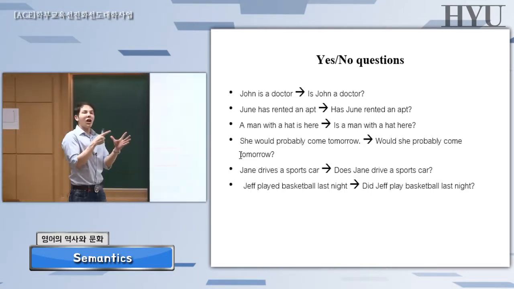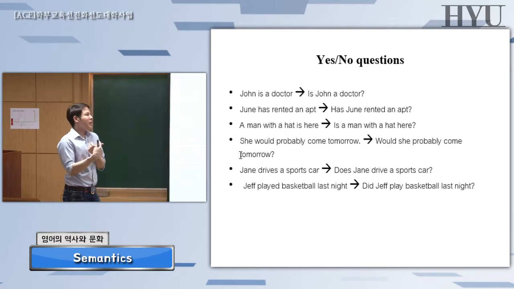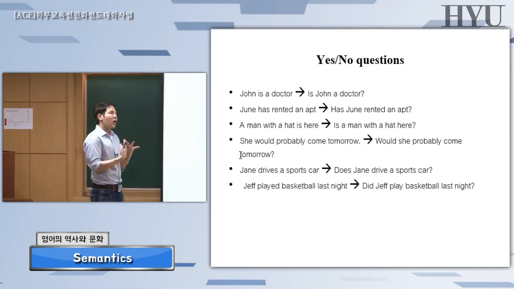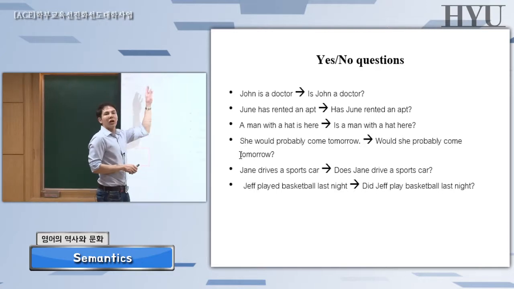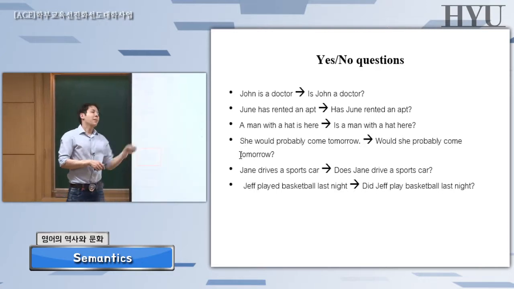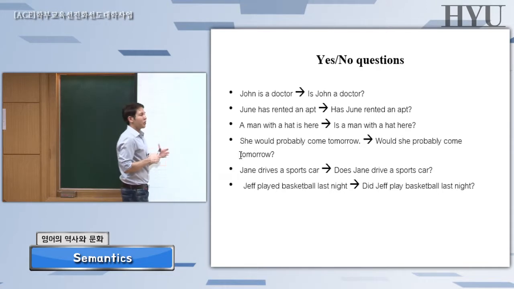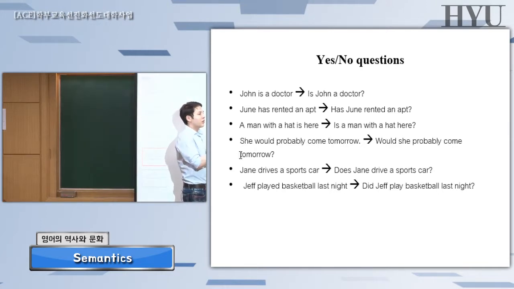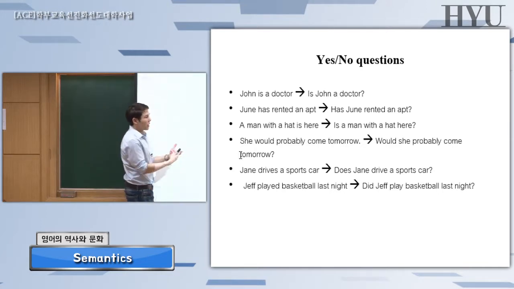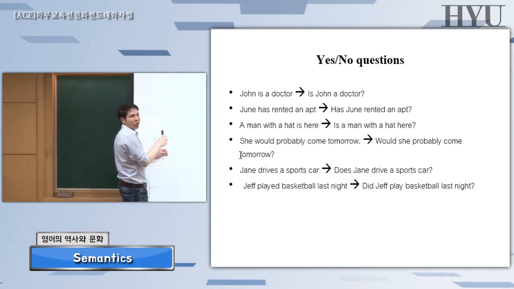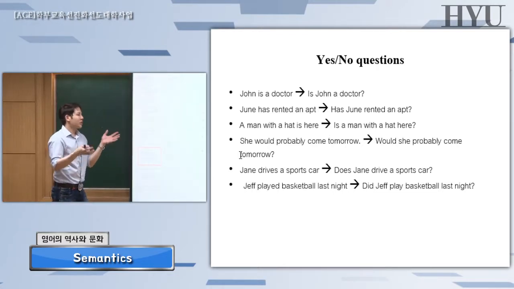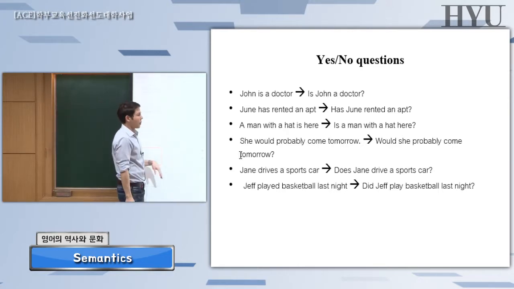So if there is an auxiliary verb like is or am or are or was or were, which we call the be verb, or if there's a modal like will or shall, move that to the front. Wherever it is, move it to the front, right? So this is the rule that native speakers have internalized.